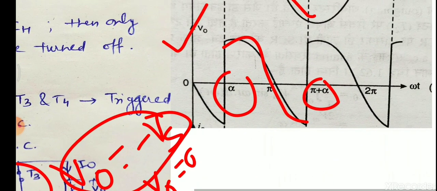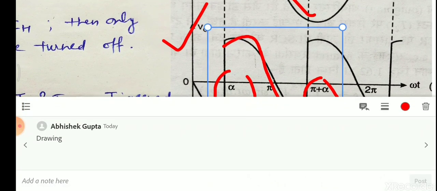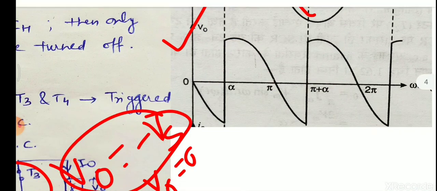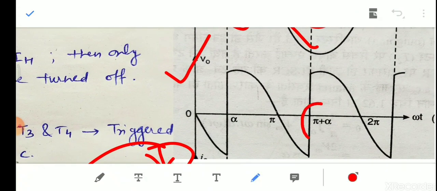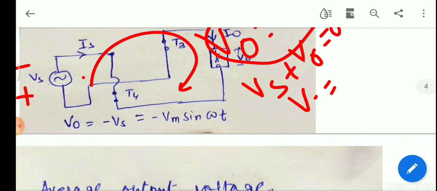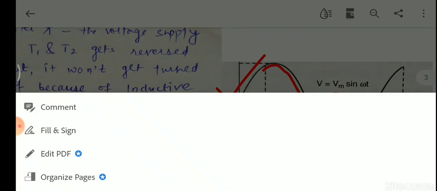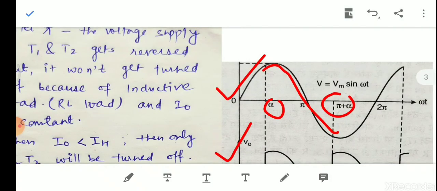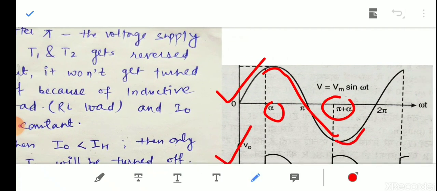Okay, so from pi plus alpha to 2 pi plus alpha, what will happen? The output will follow the inverse input, that is, the input is this from pi to 2 pi.